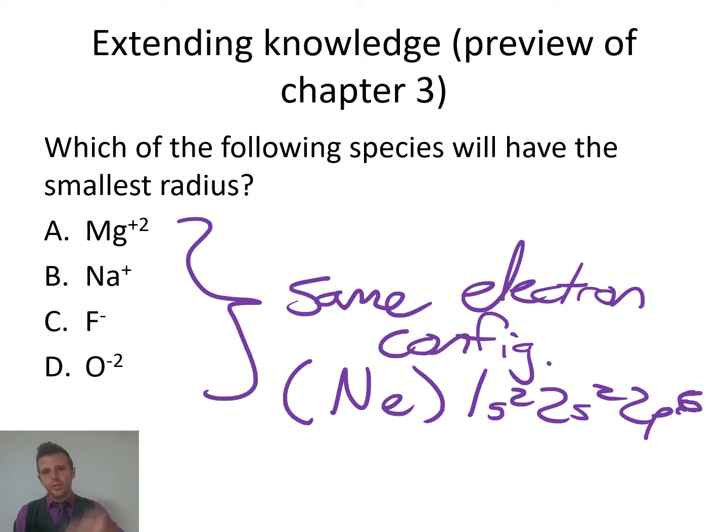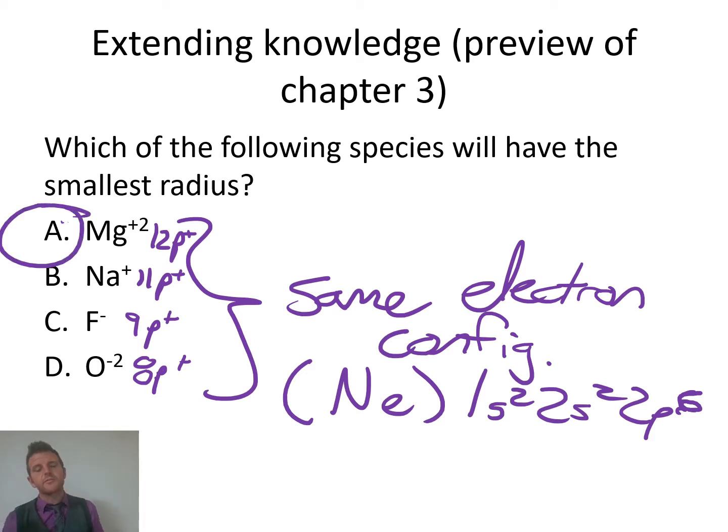So this is really just a fancy way of asking which one of these four options has the most protons, seeing as the amount of electrons are equal for all four of them. So fluorine's got 9 protons, oxygen has 8 protons, sodium has 11 protons, and magnesium has 12 protons. Since the ratio of protons to electrons is the greatest in magnesium, this will have the smallest radius.